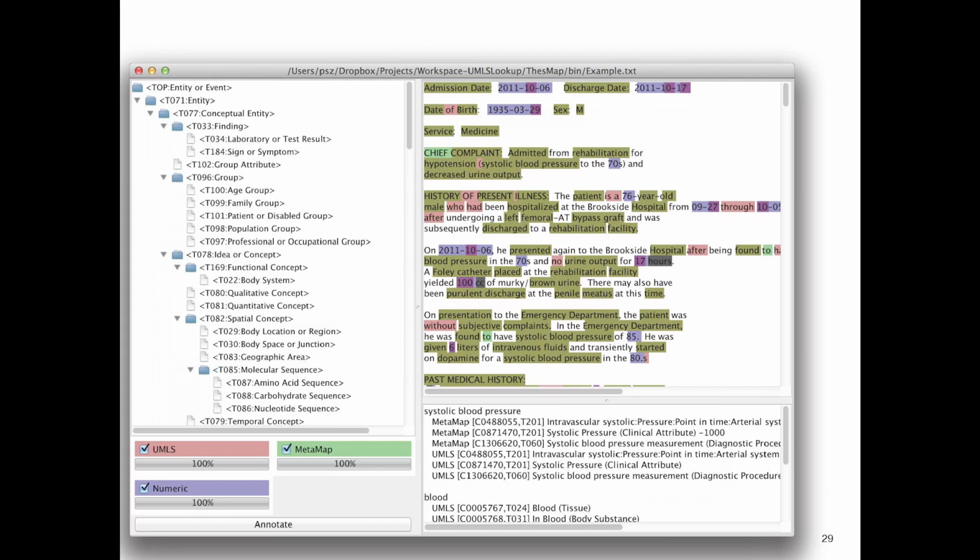This is using a tool called MetaMap, which again comes from the National Library of Medicine, and a locally built UMLS lookup tool that in this particular case finds exactly the same mappings from the text. And so you can look through the text and say, okay, so no indicates negation, and urine output is one of these concepts. If you moused over it, it would show you.